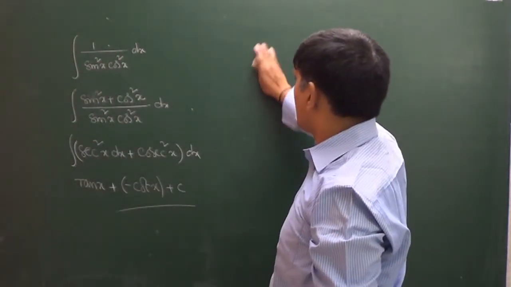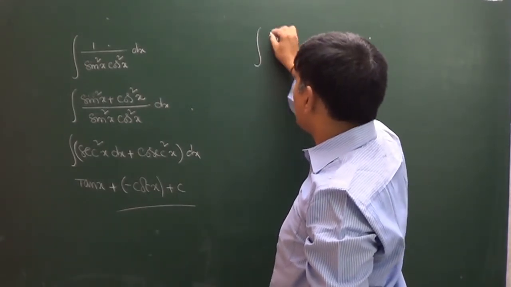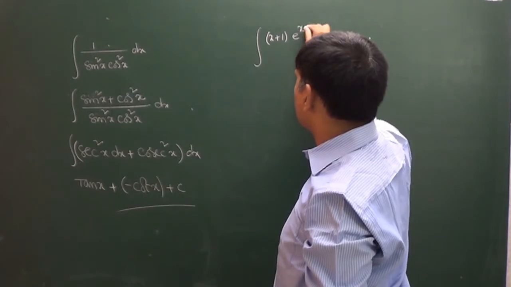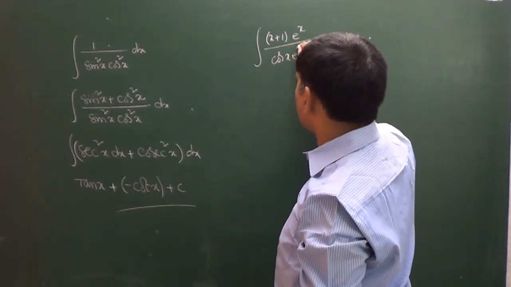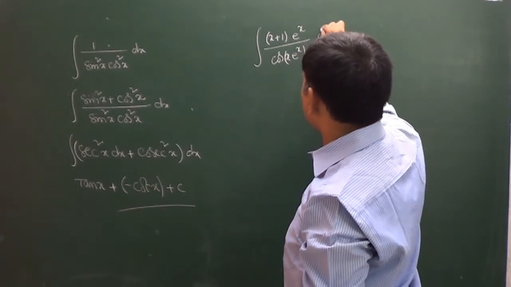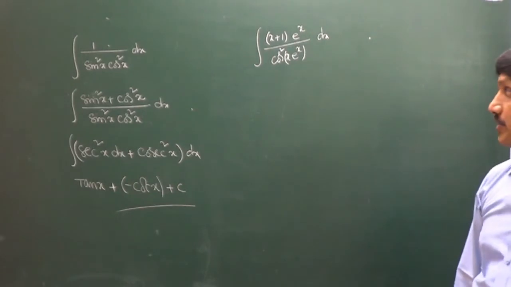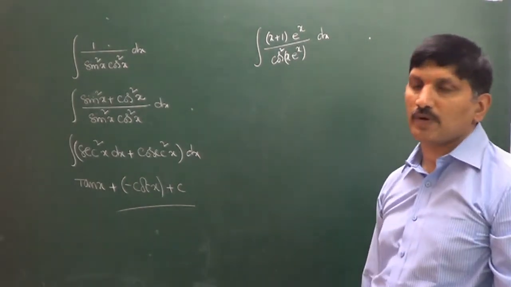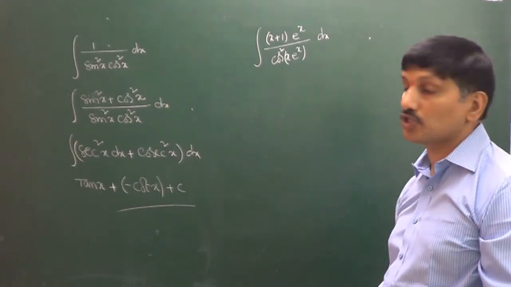See another question here. Integration of x plus 1 into e to the power of x divided by cos square of x into e to the power of x dx. How to do this question?